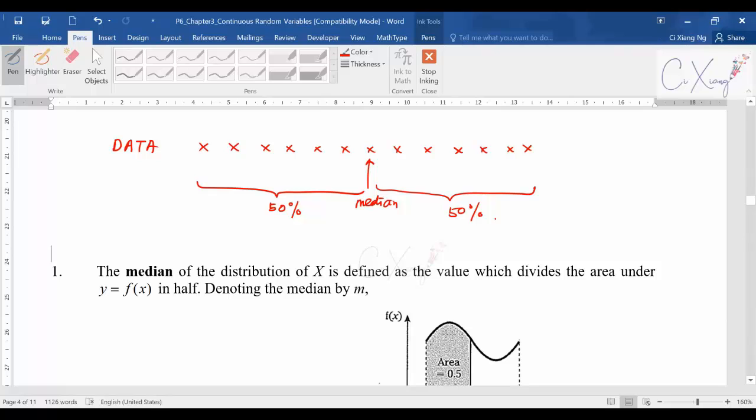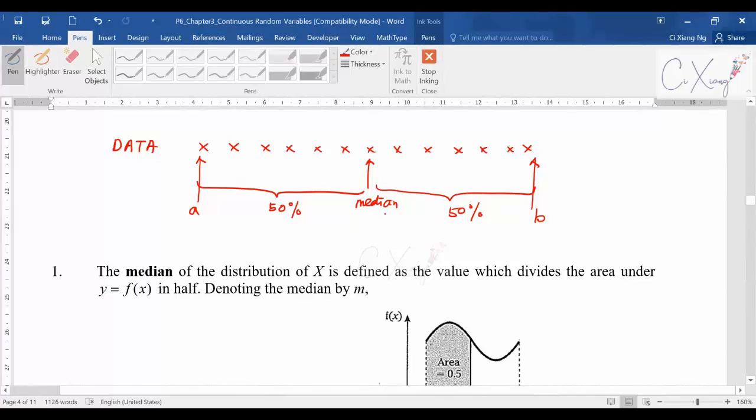When we bring this 50% into the continuous random variable, it is something like a probability. Let's say the smallest value is a and the largest value is b, and the middle value is the median.